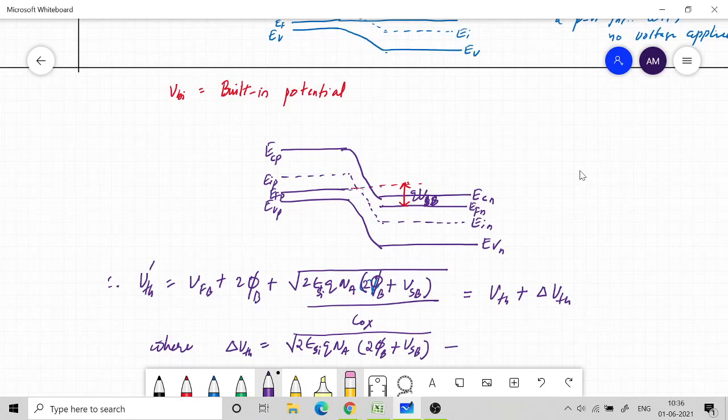Okay, let me just subtract from it the square root of 2 epsilon silicon q Na 2.5B, divided by Cox.